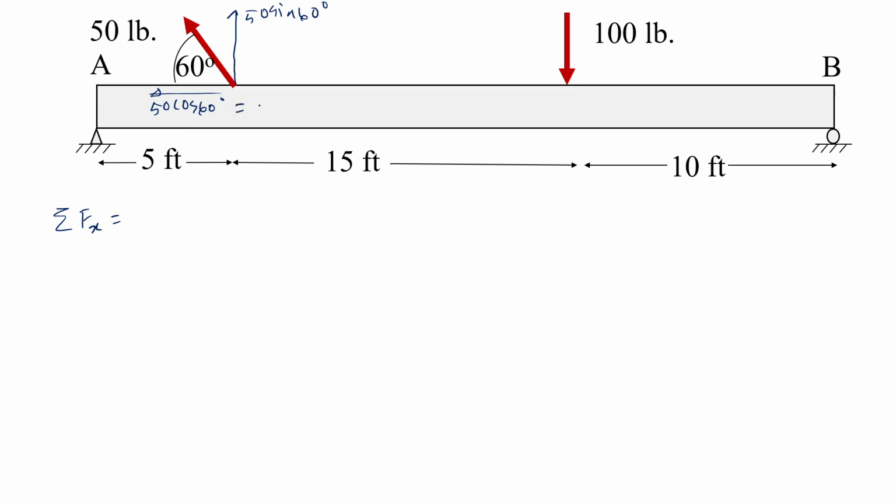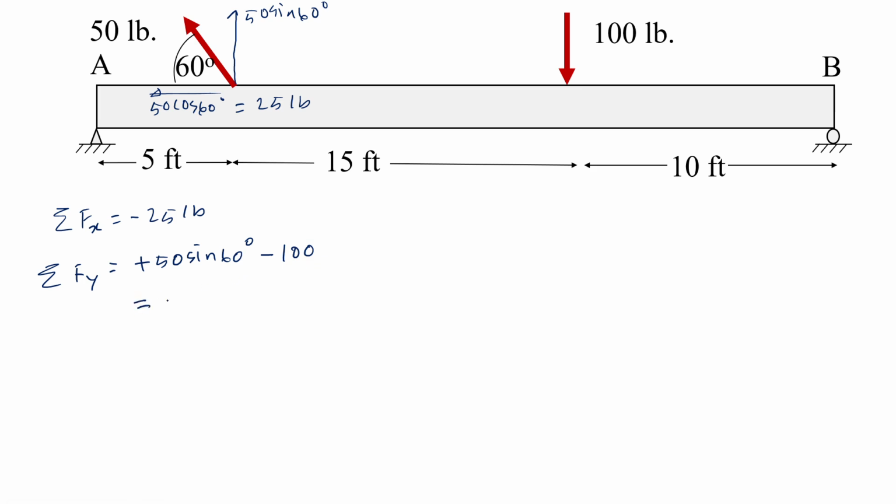Cosine 60 is half, so that's going to be 25 pounds, negative, to the left direction. And then the summation of Fy, the total y forces coming externally, is positive 50 sine 60 degree and then minus 100 pounds going downward.